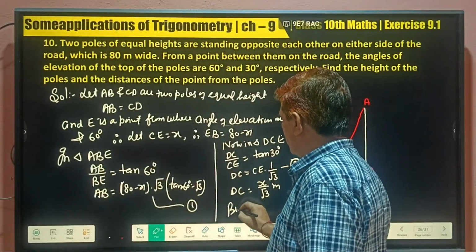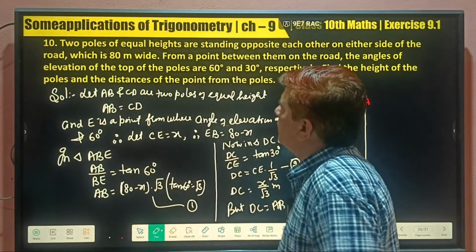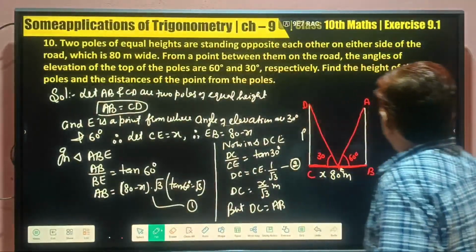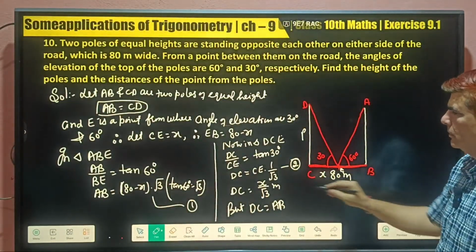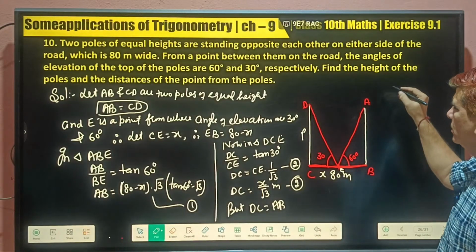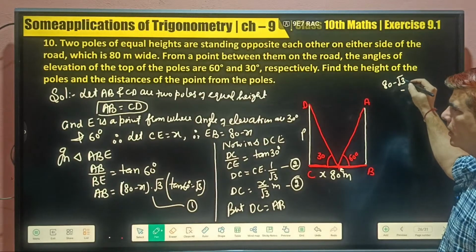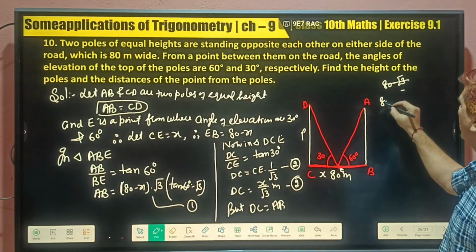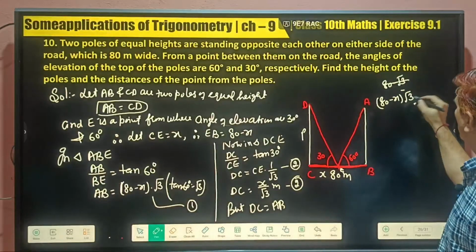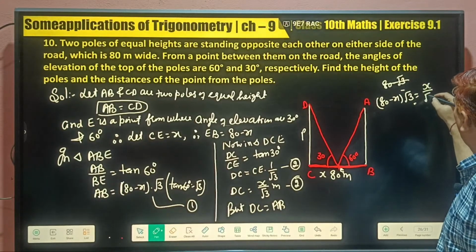But DC is equal to AB. So what can we say? Comparing the first and second, 80 minus X into root 3 equals X by root 3.